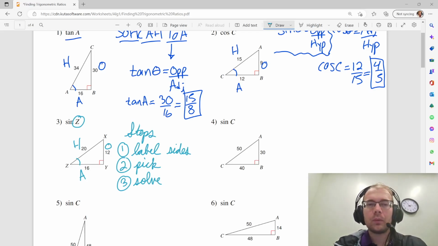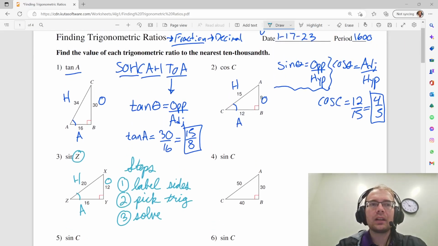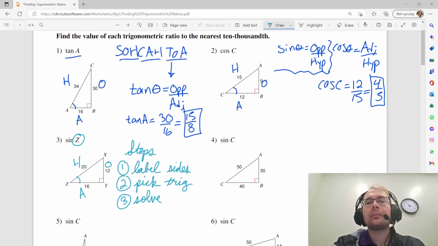Step 2, we want to pick, and specifically what do we want to pick? We don't want to pick our noses. We want to pick the trig, meaning what I was talking about earlier for number 1 and number 2. You have SOHCAHTOA, and you use SOHCAHTOA to help you figure out which one you want to pick.